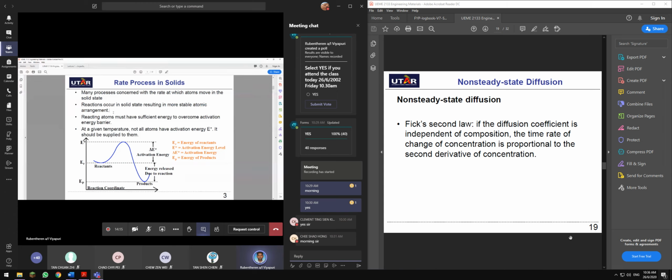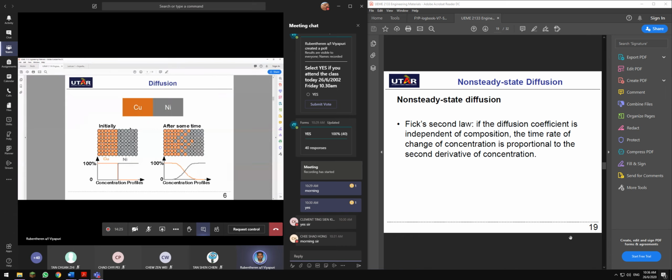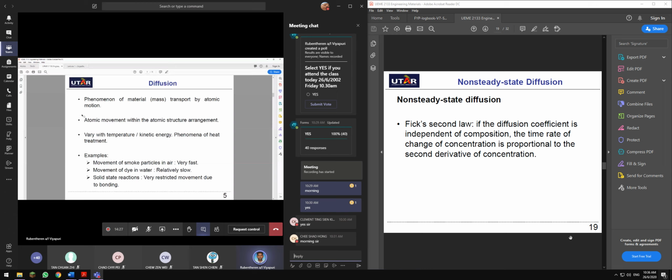Usually material engineers call that heat treatment. Atomic movement within the atomic structure arrangement varies with temperature and kinetic energy, and we call that the phenomenon of heat treatment.